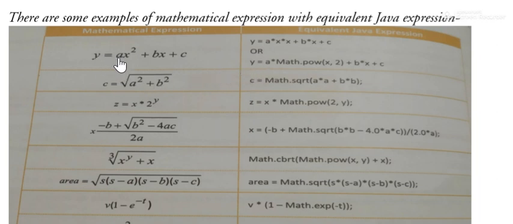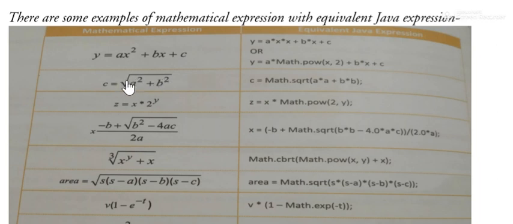If you have to write y equals ax square plus bx plus c, then in Java you can write y equals a into x for ax square plus b into x for bx plus c, or for x square you can also apply the math.pow function like this: a into math.pow x comma 2, where x is the base and 2 is the exponent, that means x to the power 2, plus b into x plus c. In the same way, c equals root under a square plus b square.